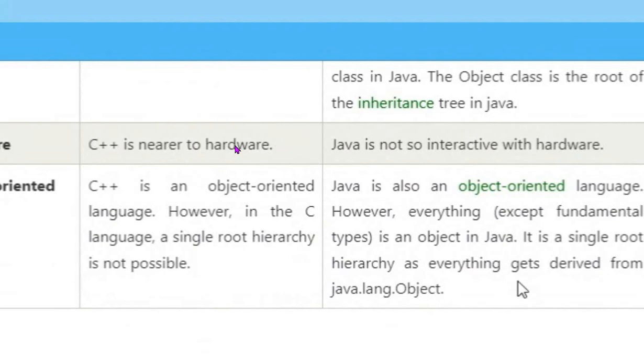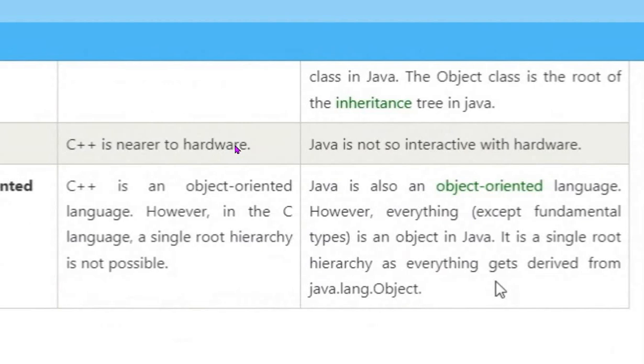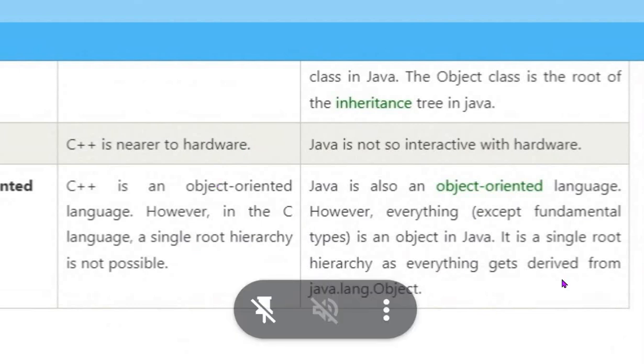C++ is an object-oriented language. However, in the C language, a single root hierarchy is not possible. Java is also an object-oriented language. However, everything except fundamental types is an object in Java. I told you, everything is an object there. It is a single root hierarchy as everything gets derived from java.lang.Object.